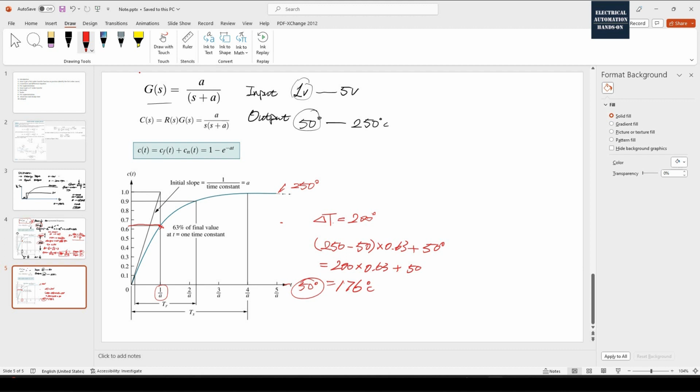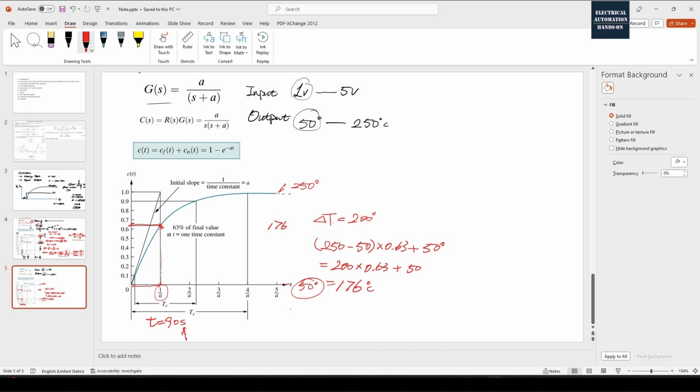Then from this curve, we will find the 176 degrees and find the moment the temperature reaches this 176 degrees, how long it takes to get there. So for example, in this case, the time to get there is 90 seconds. Okay, 90 seconds.